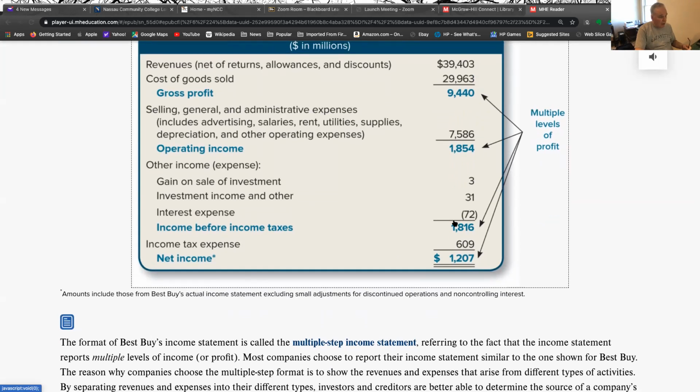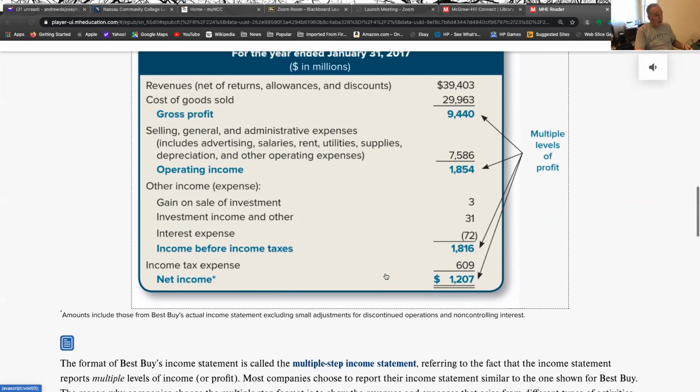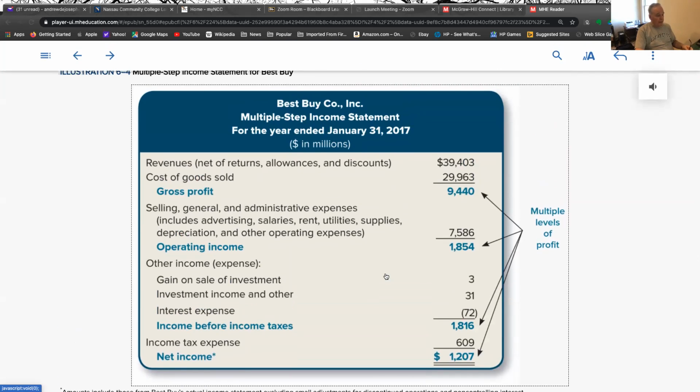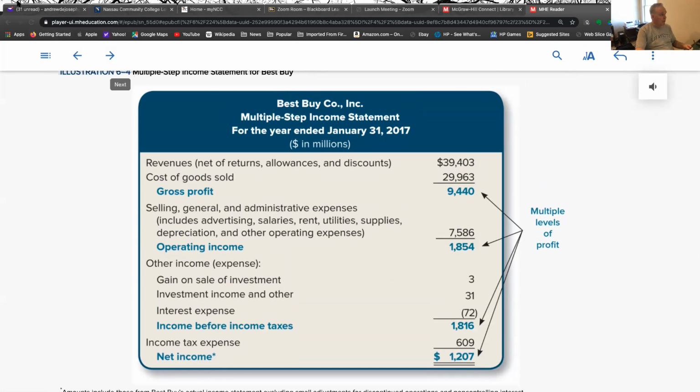That takes you to income before taxes, subtract the tax expense, and that's the net income, right? So is net income the most important number on the income statement? Not really. I mean, it's not that it's unimportant, right? But the most important number, the gauge of how successful a company is, is how much profit they made from their main business, right? And that's what this operating income shows you.